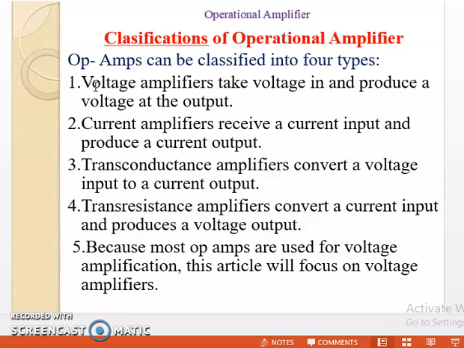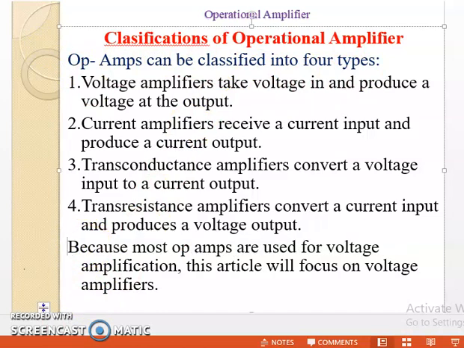Next, number four, transresistance amplifiers. Current is input and output is voltage. I mean, they convert a current input and produce a voltage output. So these are the four types of amplifiers: voltage amplifiers, current amplifiers, transconductance amplifiers and transresistance amplifiers.